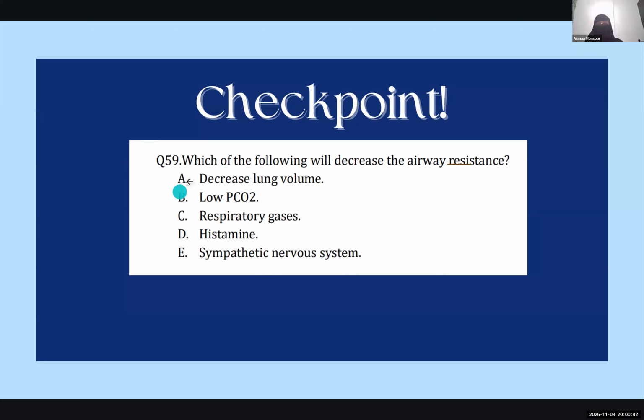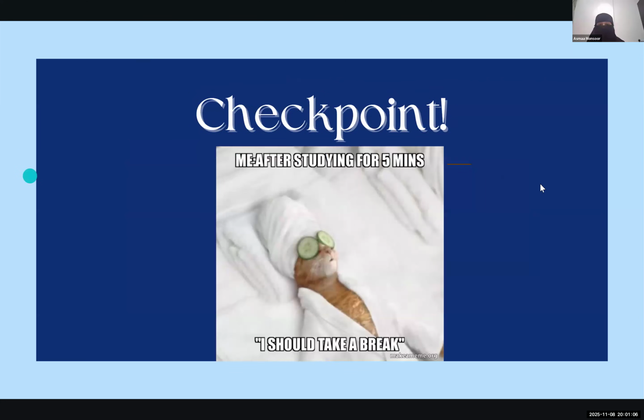Let's talk about lung volume. When I talked about lung volume, we said that when the lung volume increases, the resistance will decrease. This is because the alveoli and the bronchi are glued to each other.